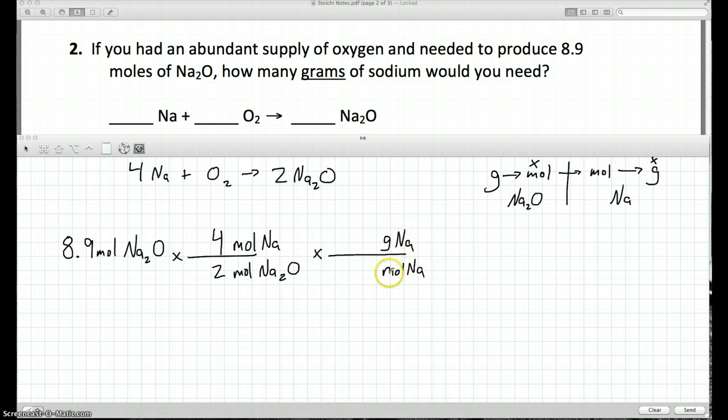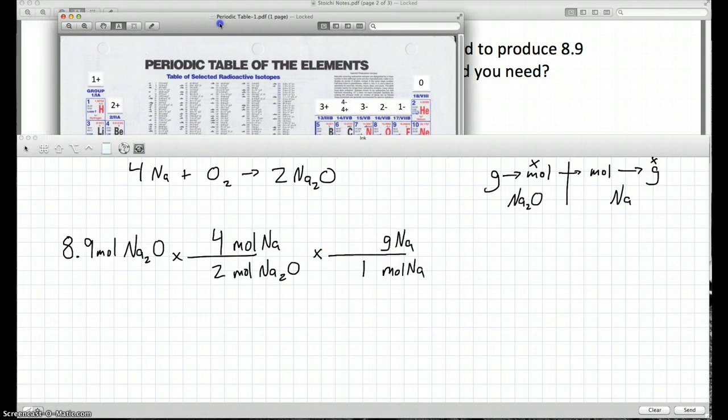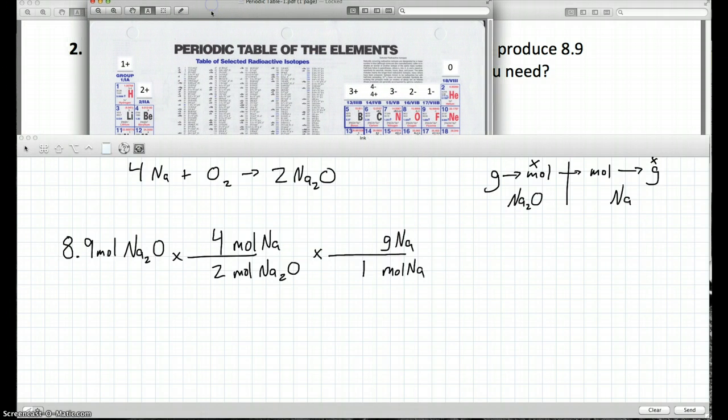Now for this conversion factor, I have grams and moles. So just like before, when mole is with grams, mole is always 1. And grams, hopefully remember where to get that. The grams number comes from the periodic table. So I look up Na.